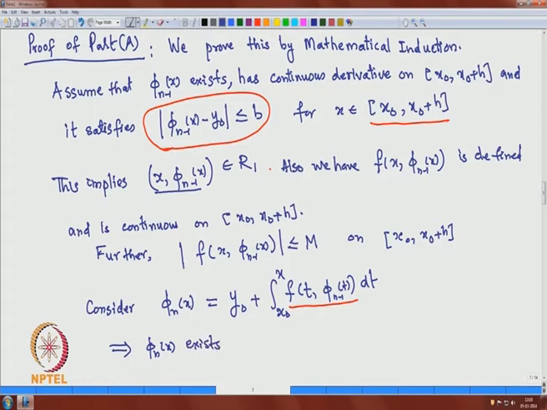So, y0 plus the integral from x0 to x, and for the continuous function f, this integral exists and has continuous derivative. Since f is continuous with respect to the second argument, this integral exists and can be differentiated to get a continuous derivative on the interval x0 plus or minus h.